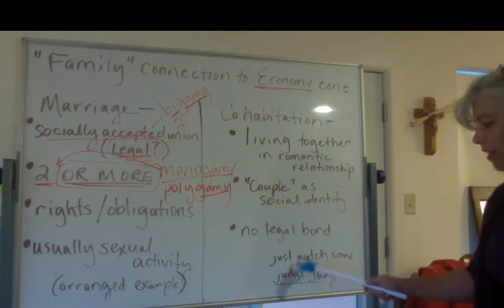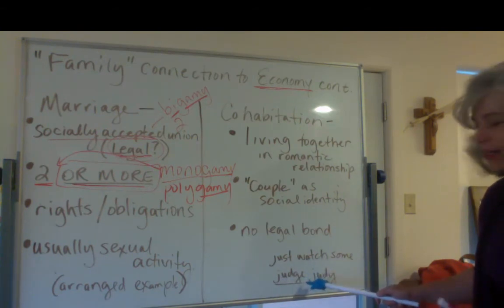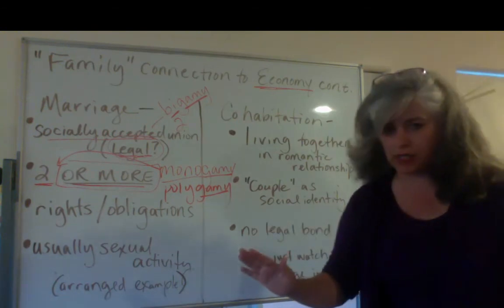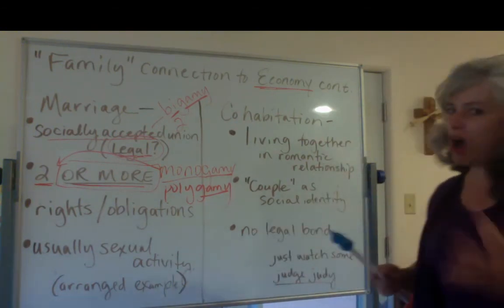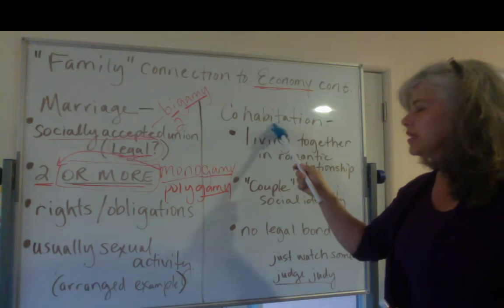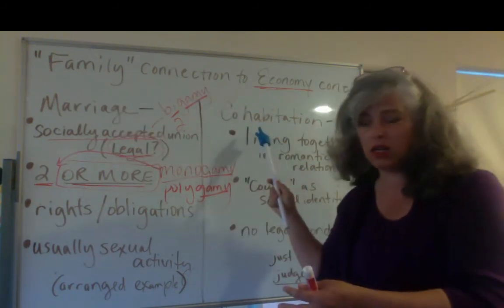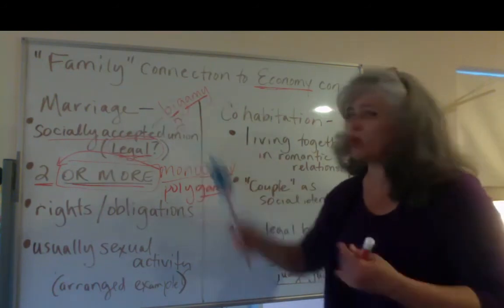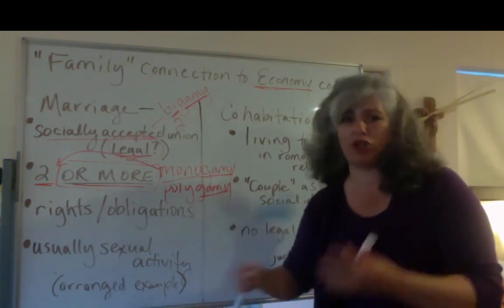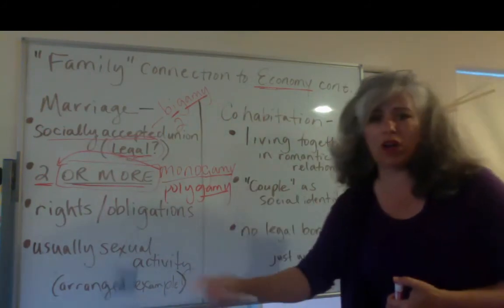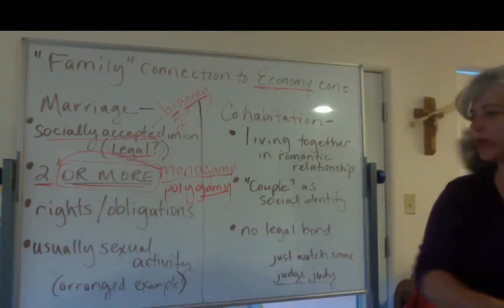And I have something intended to be funny down here on the board. Just watch some of Judge Judy's episodes, because you see very often people who were living together. Well, I thought we were going to do this, so I co-signed a truck. I thought we were going to do this, so the credit card was in my name and I bought the washer and dryer. I thought we were going to do this, but he was the only one on the lease and I didn't have legal rights to it.